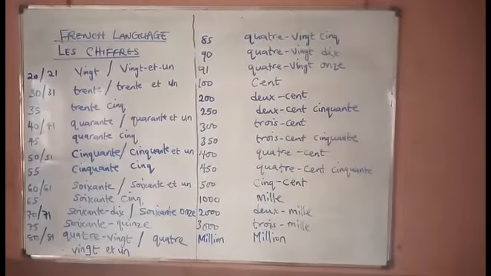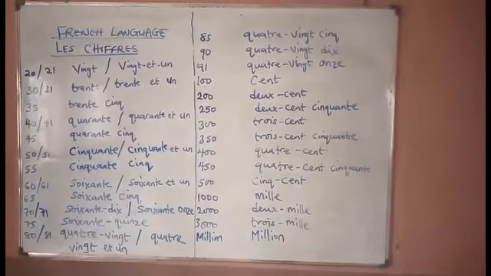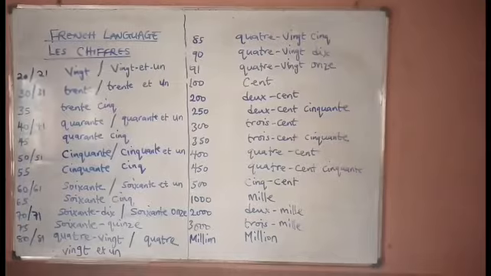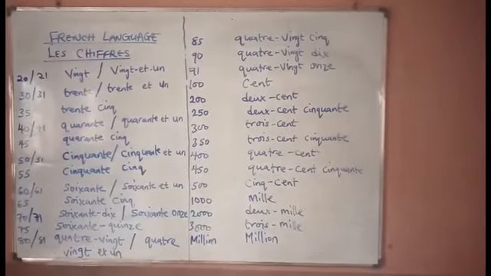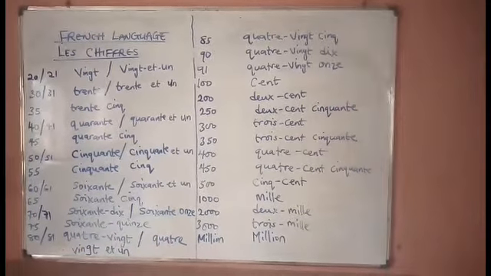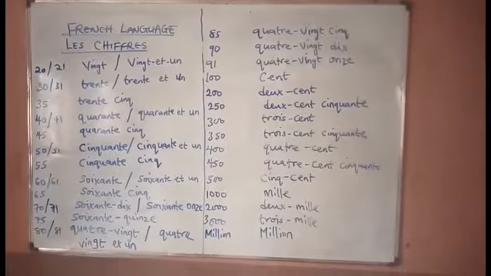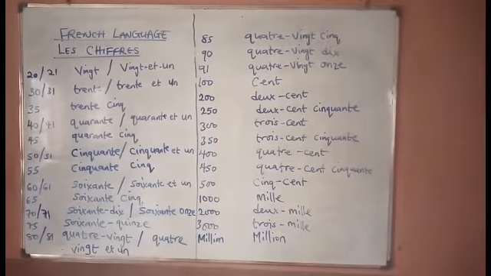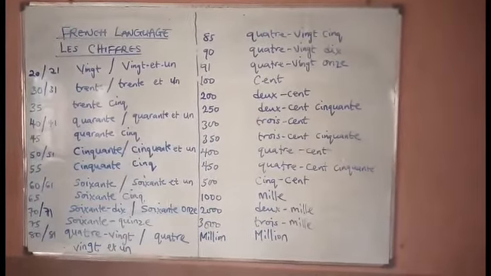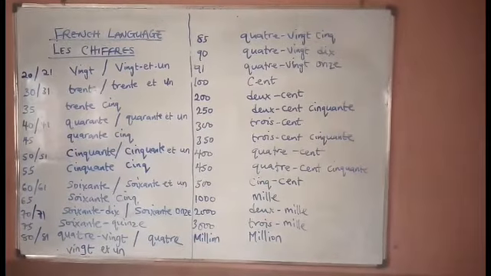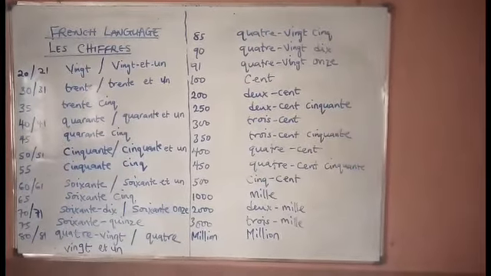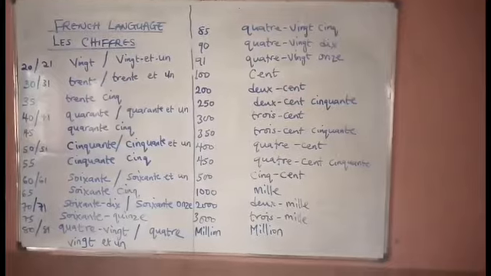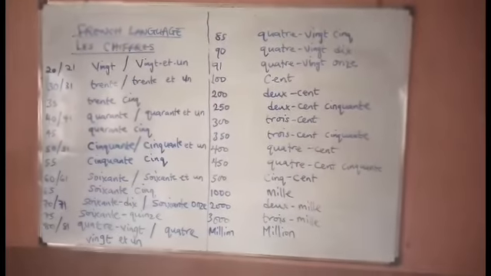At 4,000 quatre mille. At 5,000 cinq mille. At 6,000 six mille. At 7,000 you have sept mille. At 8,000 you have huit mille. At 9,000 you have neuf mille. At 10,000 dix mille. It runs that way until million.